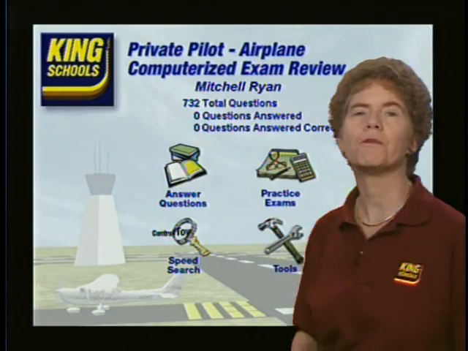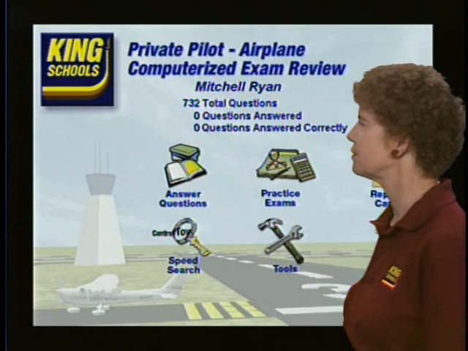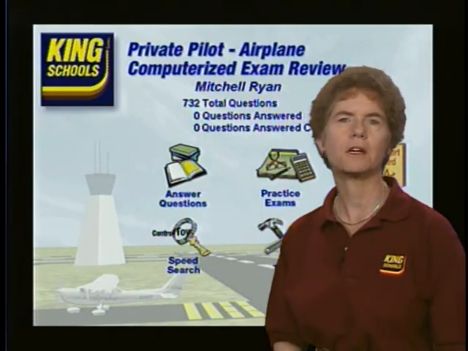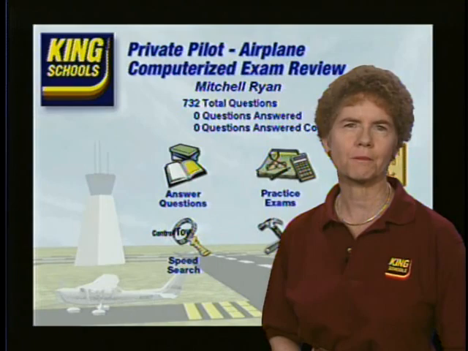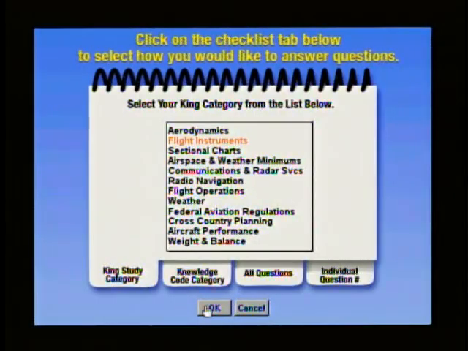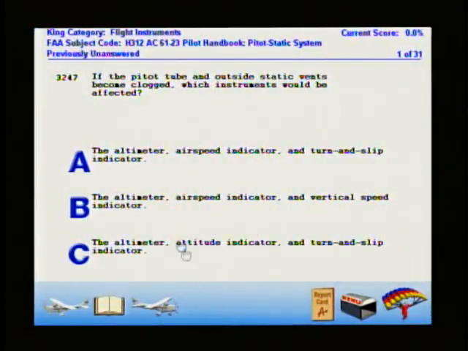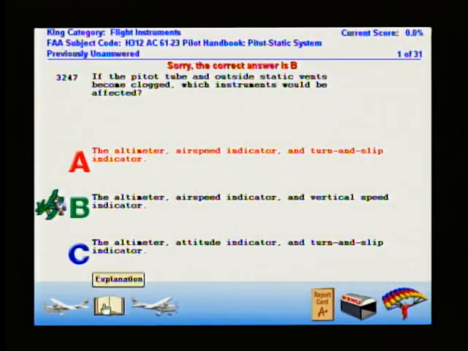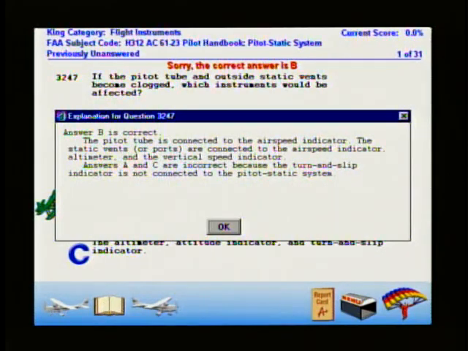Now, the best way to take your sample tests and review the FAA questions is to use the King Computerized Exam Review. The Computerized Exam Review prepares you to take the exam on computer, which is the only way you can take it. There's no paper and pencil testing. You can use the King Computerized Exam Review to make it fun to ensure a Top Gun score. You can choose questions by subject or take them all. Then you receive on screen the correct answer with King's detailed explanation.